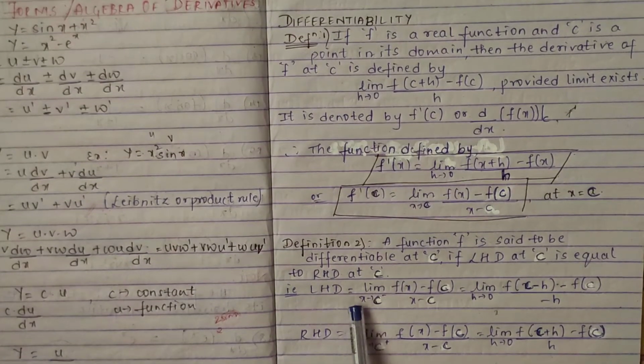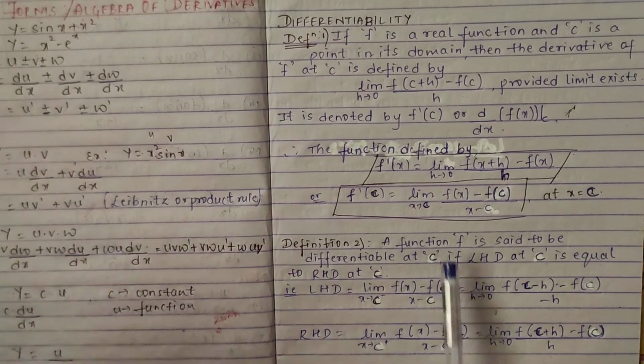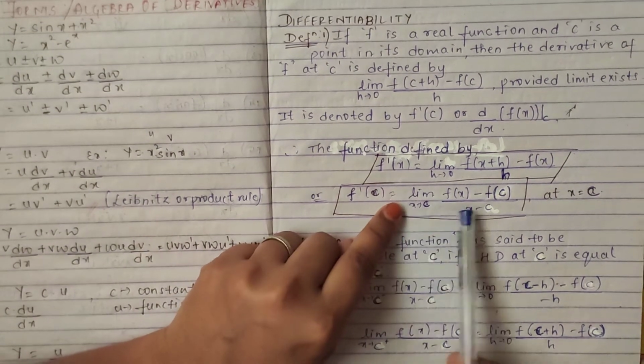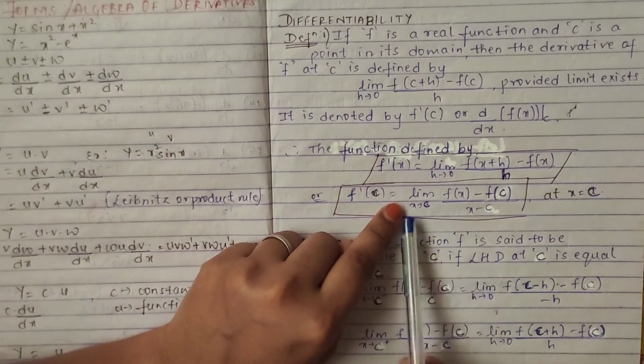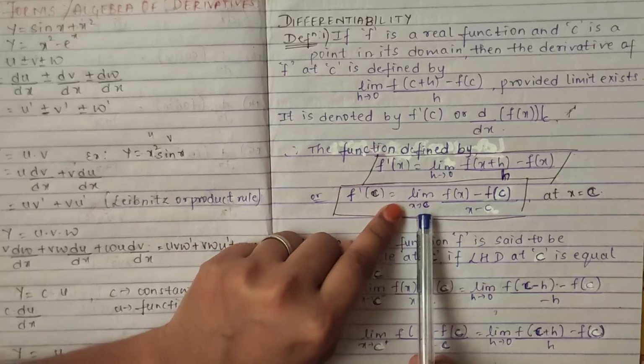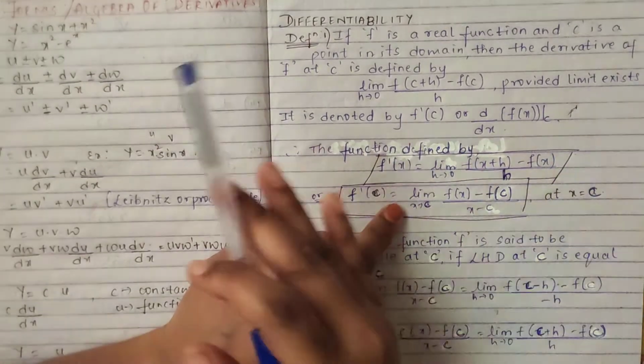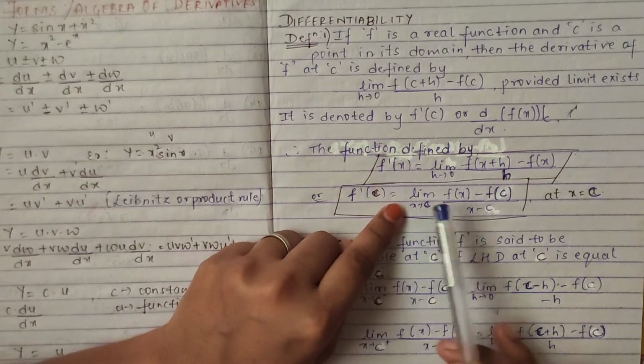So, how do we give your LHD? What is the definition we have given? Limit of f of x minus f of c whole divided by x minus c as x tends to c, right? Now, LHD means left hand side, so it should be x tends to c minus.